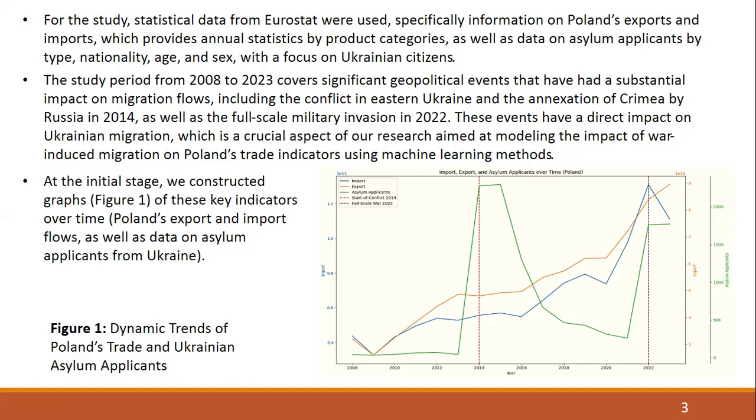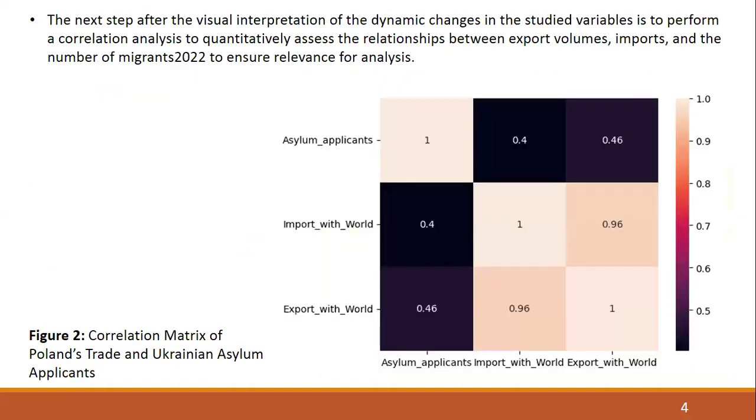This trade dynamics could be related to economic and geopolitical changes. The number of asylum seekers from Ukraine shows sharp spikes in the context of key events, particularly in 2014 and 2022. This may indicate a close connection between migration processes and Poland's external trade.